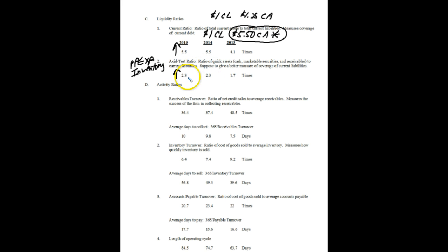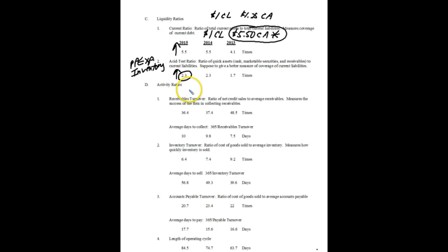It's telling us of the current assets that are really available to cover short-term debt. It's like for every $1 current liability, there's $2.30. Now that seems more normal and more reasonable. And it gets back to when I said they should take some of that out and invest it. Well, if it's prepaid expenses, that's not something they'd be able to do, would they? Because those are just invested in the rent.